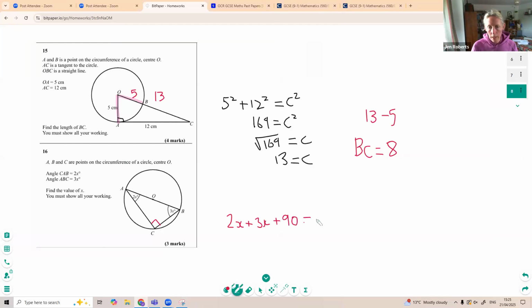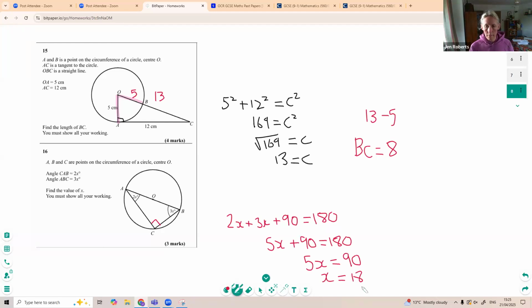I'm going to simplify and then solve. Take off 90 from both sides. Divide both sides by 5. Which gives x is 18.